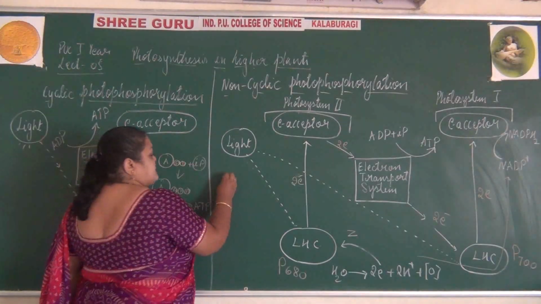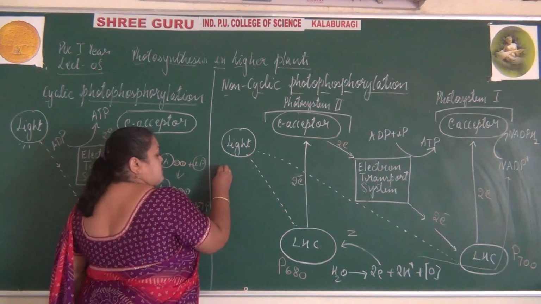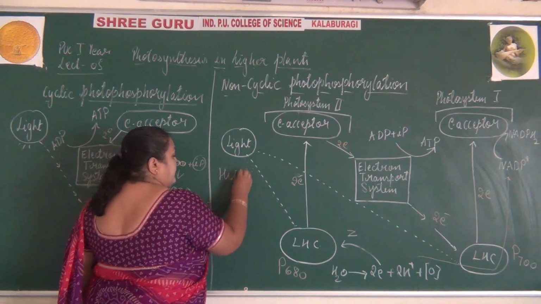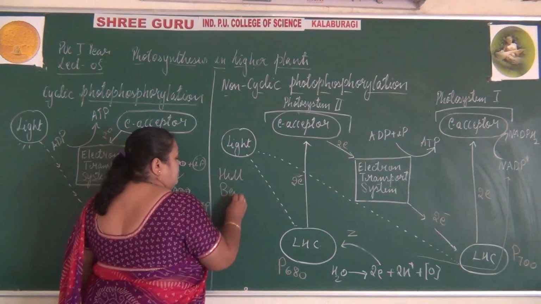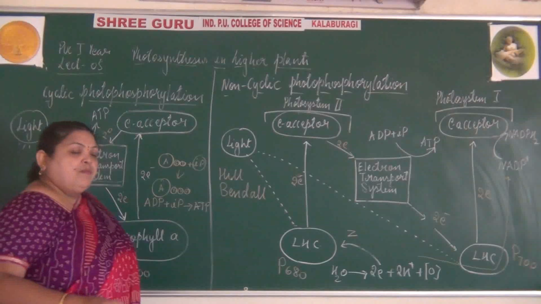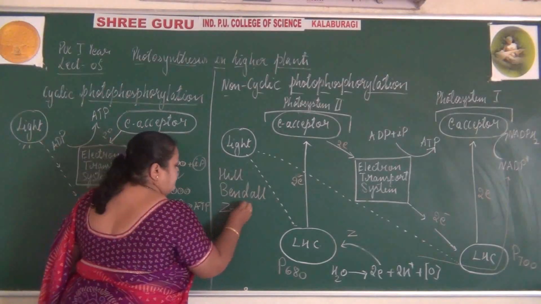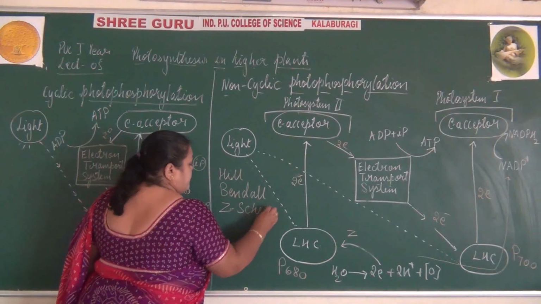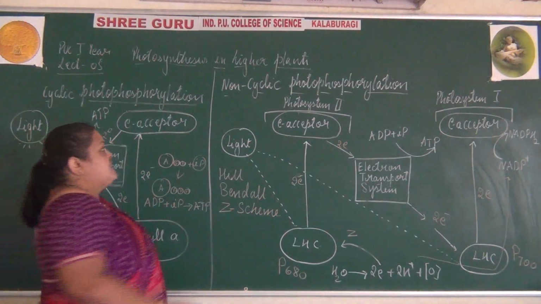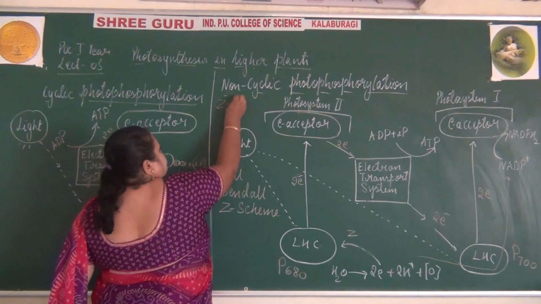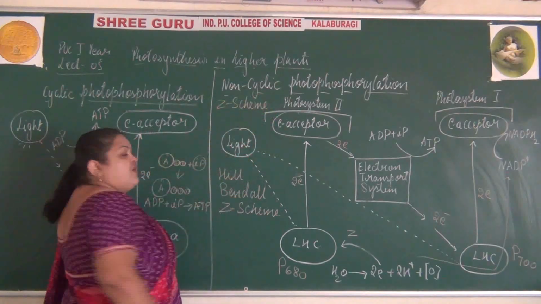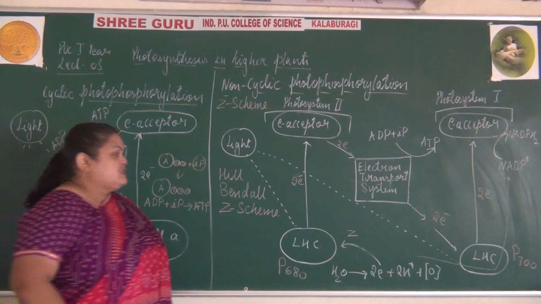As the scientists have studied, it was formulated and demonstrated by Hill and Mendel, and they called this scheme the Z scheme. Non-cyclic is also called the Z scheme. Why is it called a Z scheme?